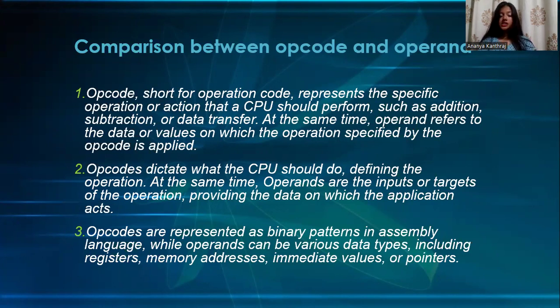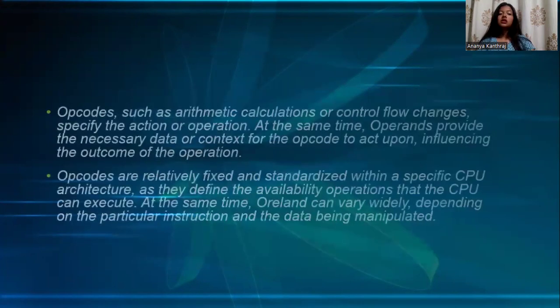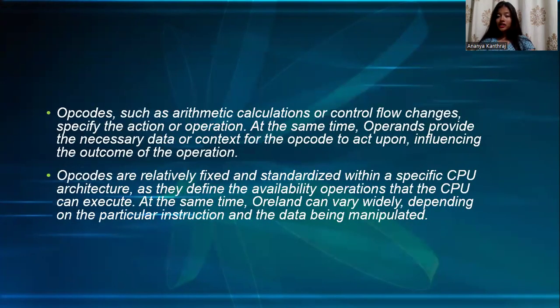The third point is that opcodes are represented as binary patterns in assembly language, while operands can be various data types, including registers, memory addresses, immediate values, or pointers. Next, opcodes such as arithmetic calculations or control flow changes specify the actions or the operations, but the operands provide the necessary data or the context for the opcode to act upon.